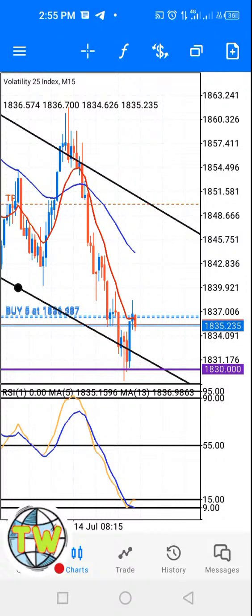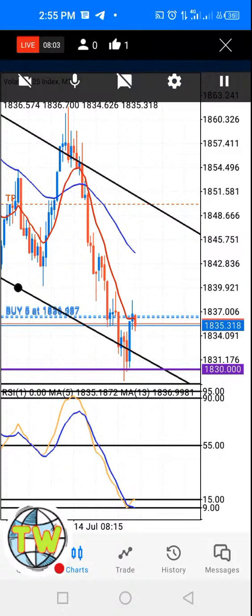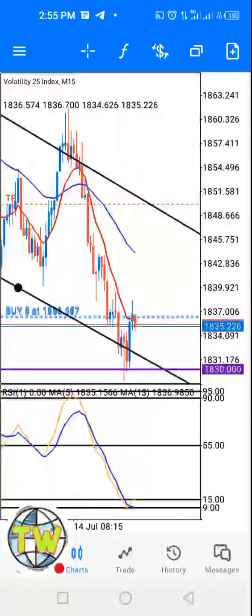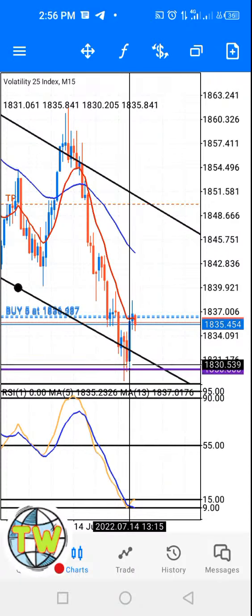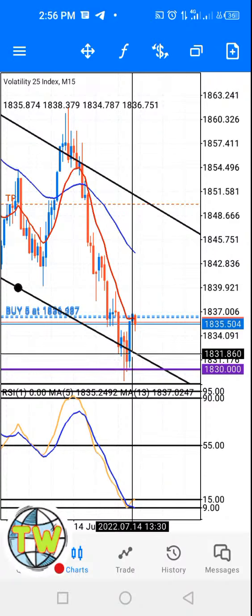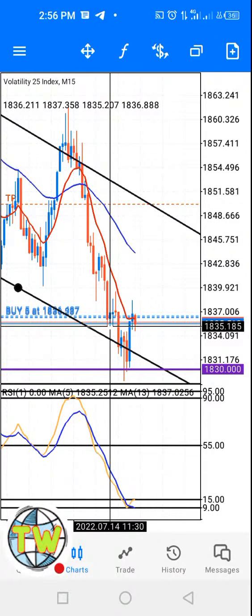Price is making some kind of bullish engulfing, showing that buyers are ready to come into the market, that buyers are now in the market. Okay, so that's another thing that I got on this trade. So if you check very well, you see that we have that bullish engulfing. You see this big move up. So that is the bullish engulfing.